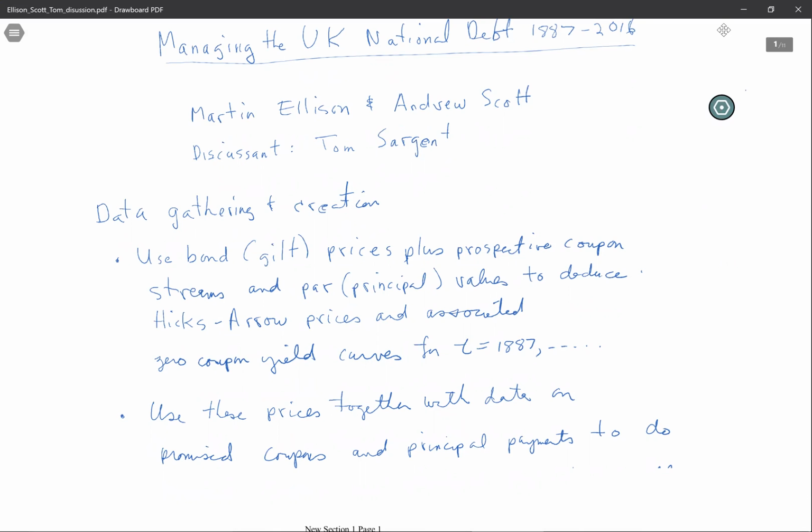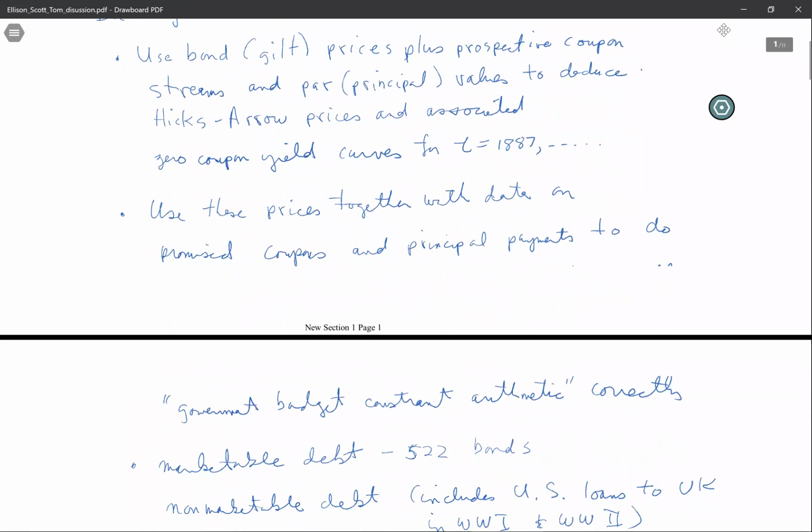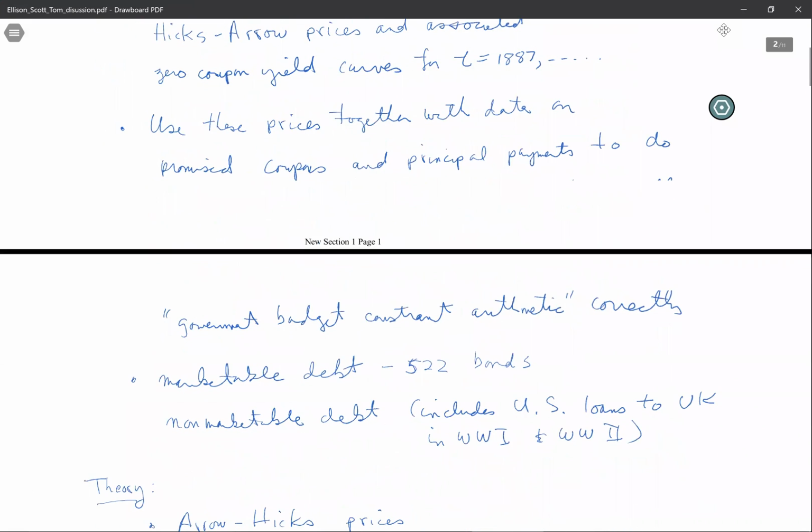Then they're going to use those prices together with data on the promised coupons and the principal payments, which they know from the details of the bond, to do, quote, government budget constraint arithmetic, and to do it correctly.